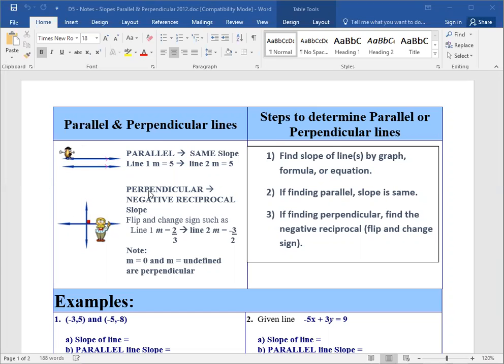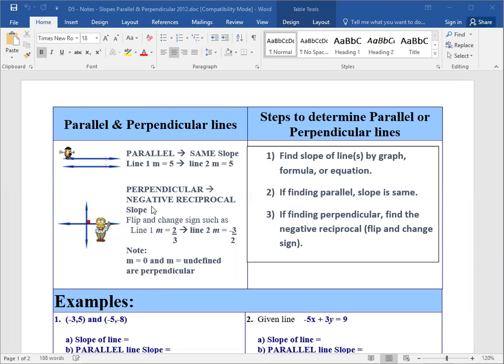All right, we also have perpendicular. Now, perpendicular lines look like a T, and they form a right angle. So when we need to find perpendicular slopes, we find the negative reciprocal slope, meaning that we flip and change the sign.